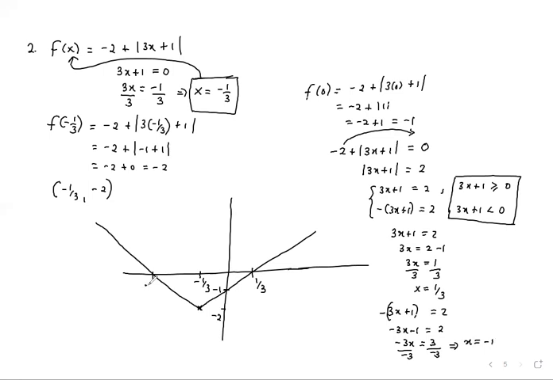So this is negative 1. That's how you get to know those intercepts there. So this is a detailed graph.